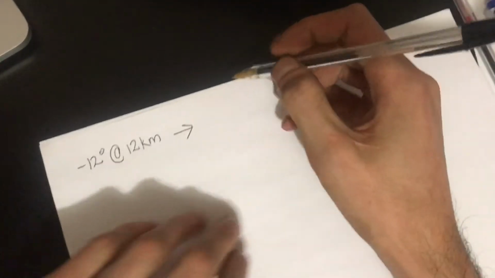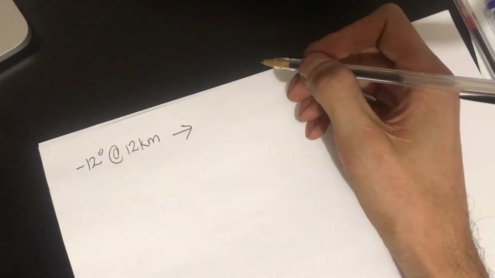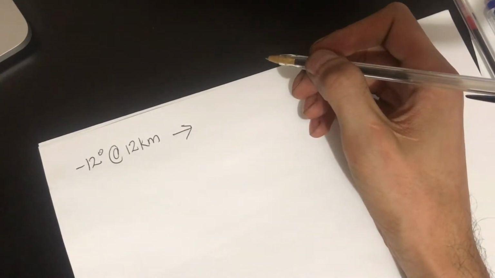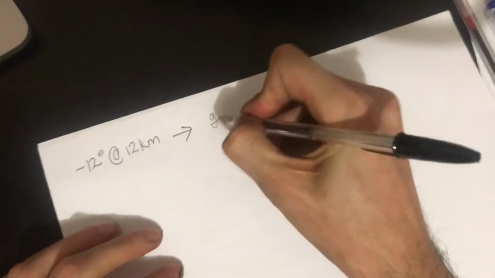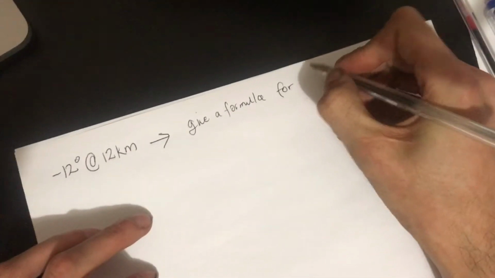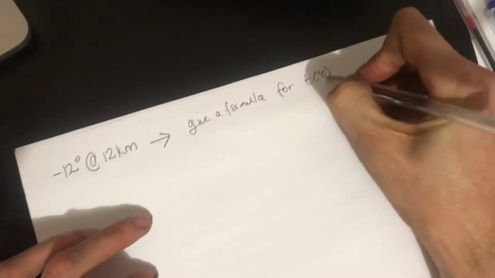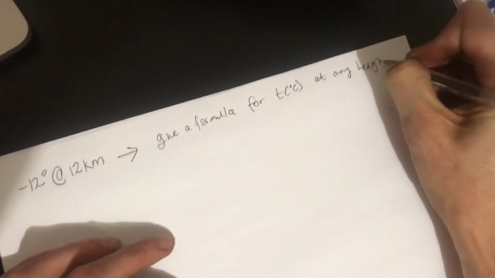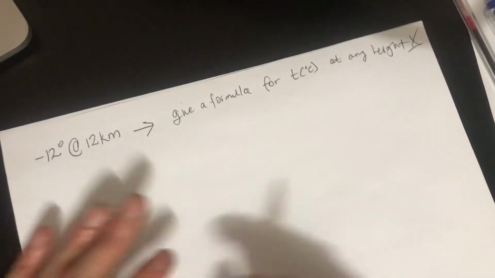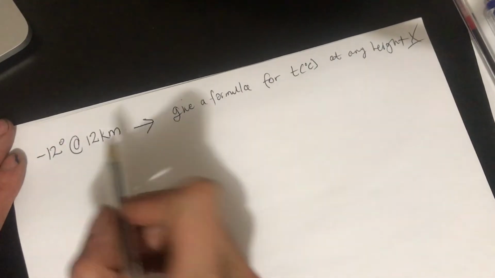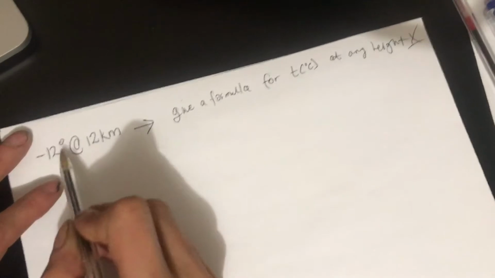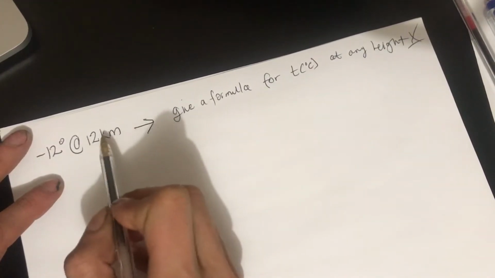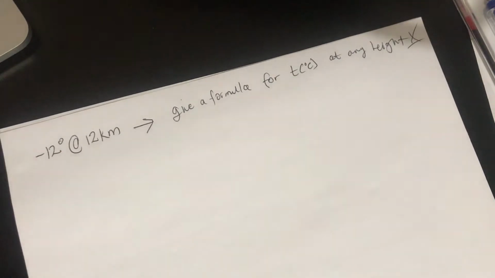Now we go back to the original problem, which asks to give a formula for the temperature in degrees Celsius at any height x. So I already know the value at this point, which is true for any x.